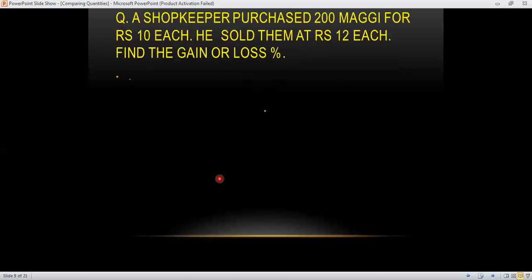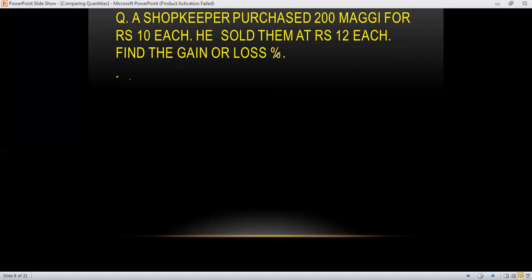So let's take an example. A shopkeeper purchased 200 Maggies for rupees 10 each. He sold them at rupees 12 each. Find the gain or loss percentage.